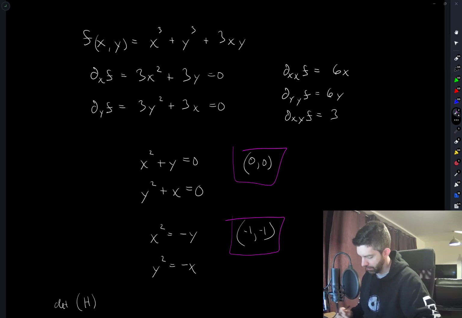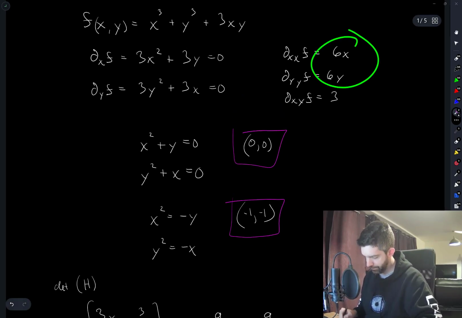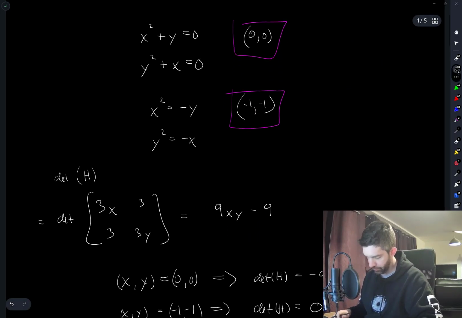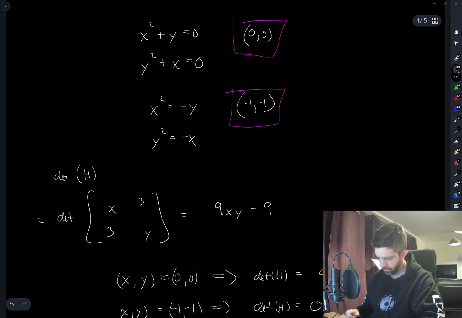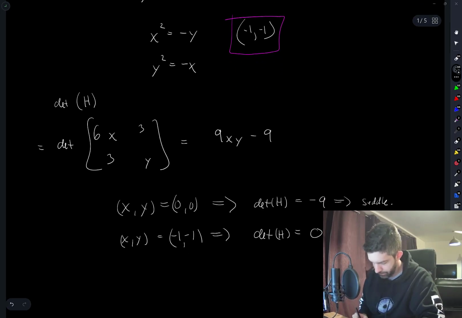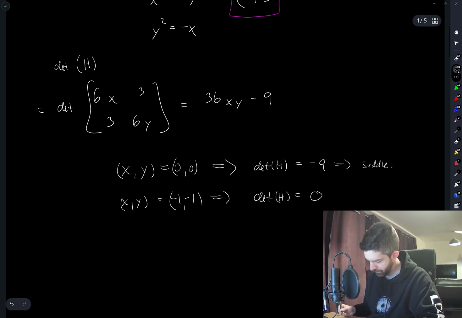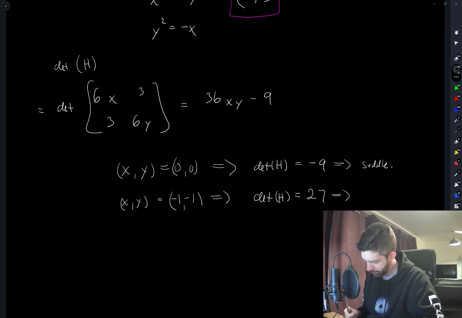Make sure I did this all correctly. Uh-oh, no I didn't. I made a mistake when I substituted these things in. Okay, so when it's equal to -1, we have 27. And this implies it's a min or max.